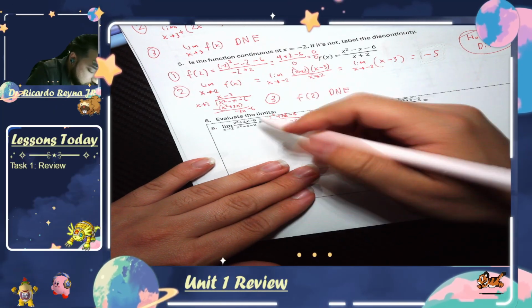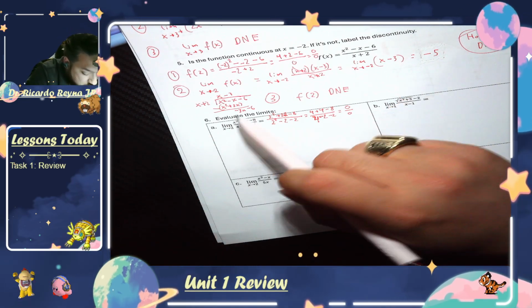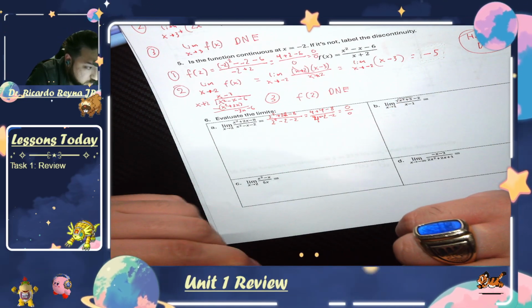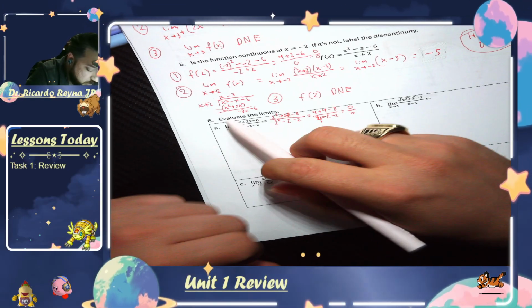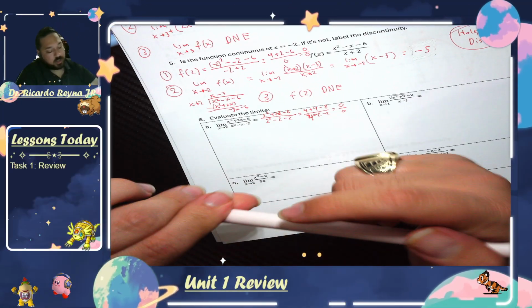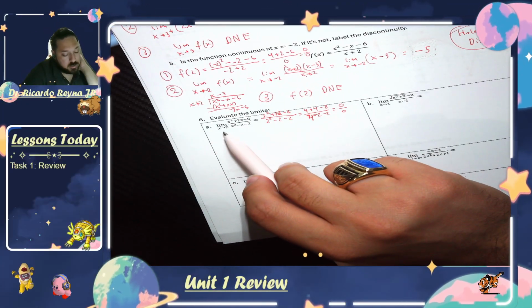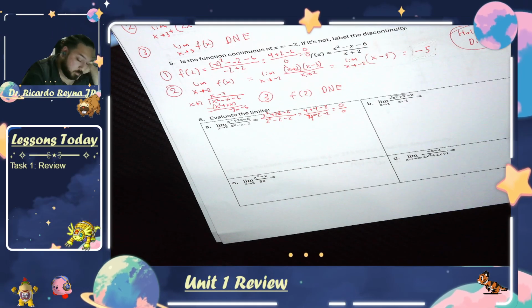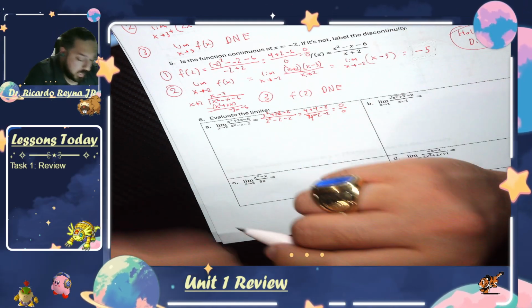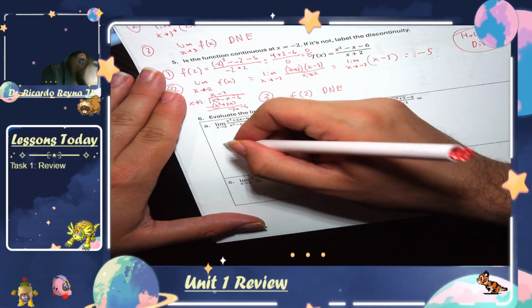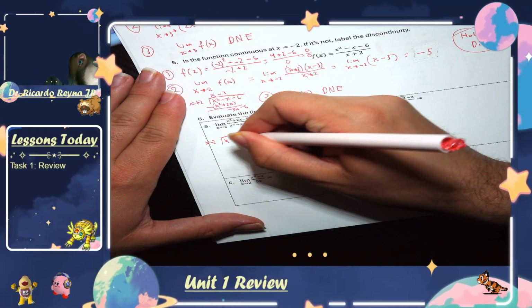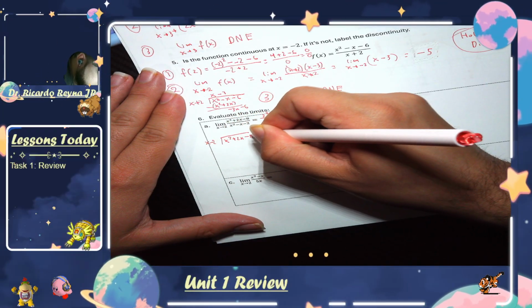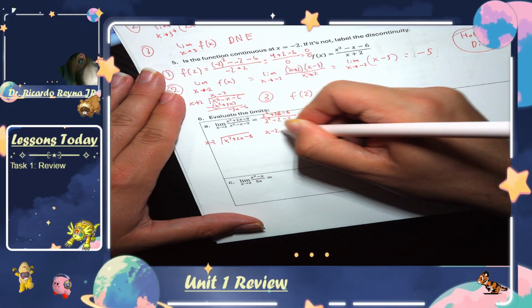0 over 0. But we notice that both of those guys have a linear factor, a linear equation that has 2 as its root. So they both should be divisible by x minus 2.